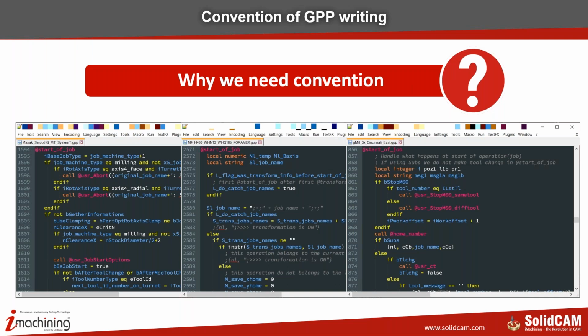So it would be very nice if all of us were speaking the same language in terms of post-processor writing. So we needed to do this, and we did this about two years ago, just internally, to see how this would work and behave in the long term. And it turns out that we can now say to all of you that you can use this convention.